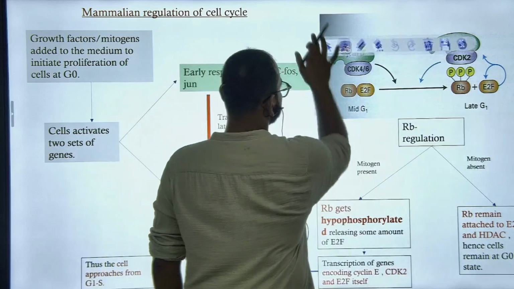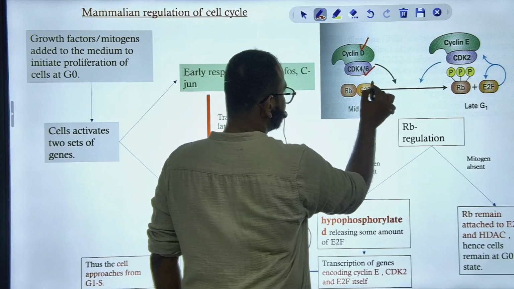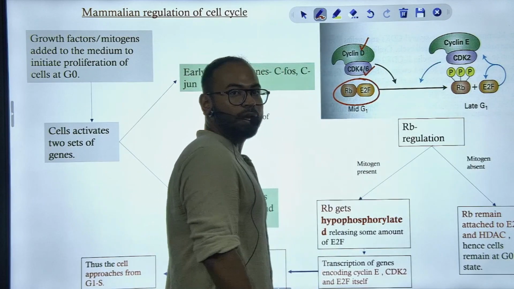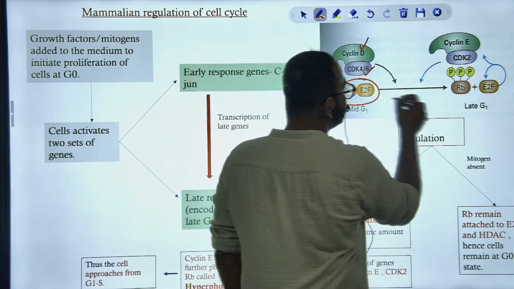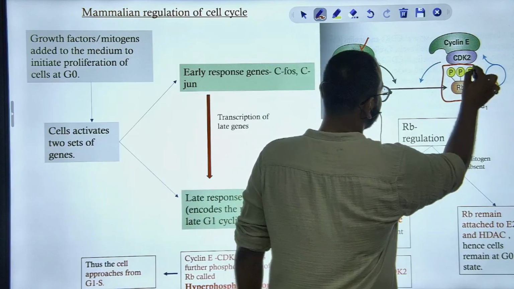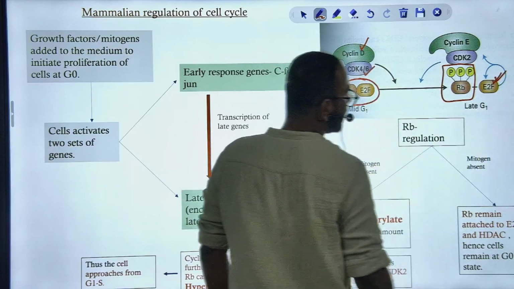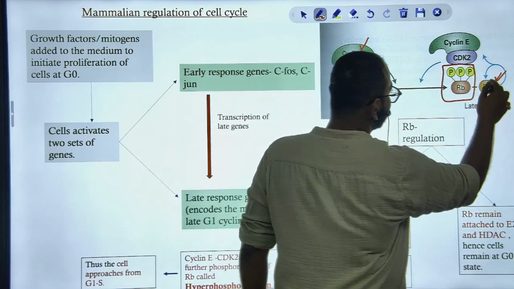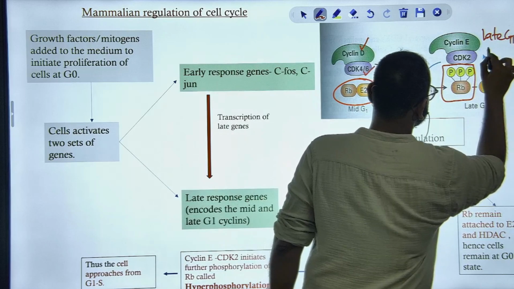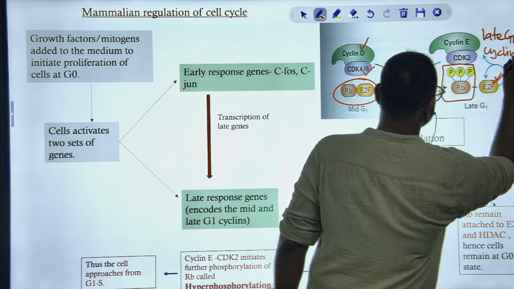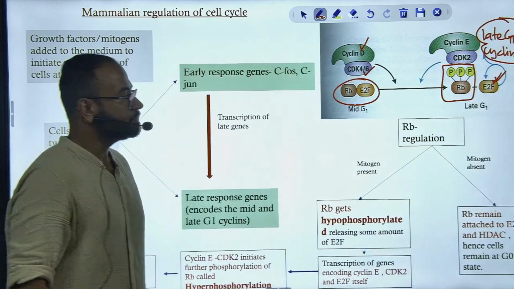So, with cyclin D and CDK4/6 present, RB is unphosphorylated and binding with E2F. This complex helps RB to get phosphorylated. As it is phosphorylated, E2F gets freed, and if E2F gets freed, that will further activate late G1 cyclins, so that the cells can enter the S phase.